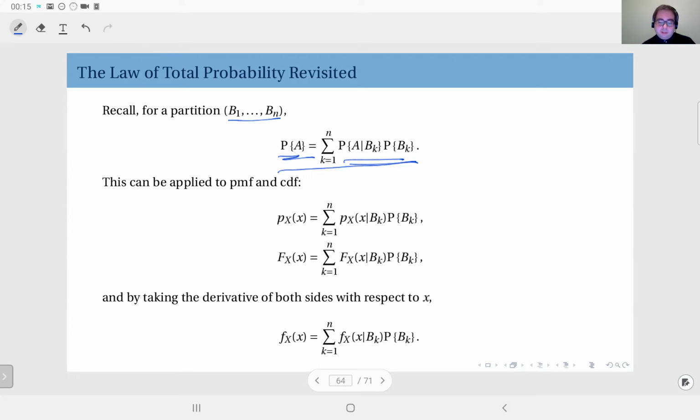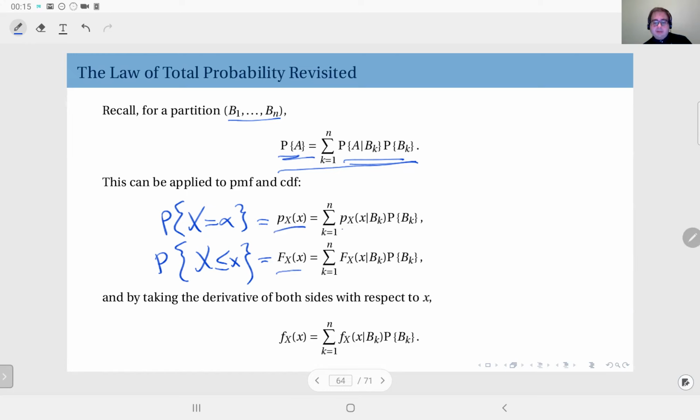You see, this is the probability that X equals x, and this equals the probability that X is less than or equal to x. Okay, so these are events at the end of the day. These are probabilities of events. So we can just use the law of total probability to write the PMF or the CDF of a random variable.